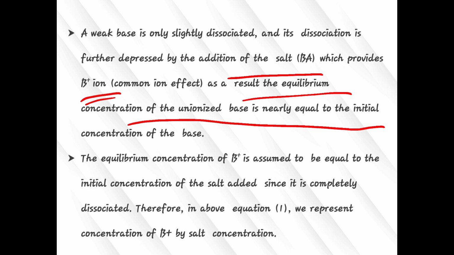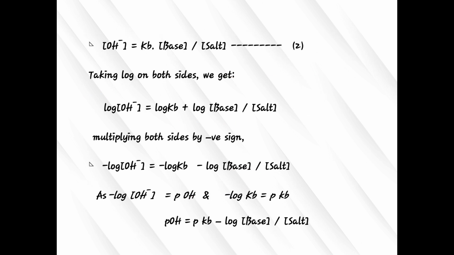The equilibrium concentration of B+ is assumed to be equal to the initial concentration of salt, since it is completely dissociated. Therefore, equation 1 represents the concentration of B+ by the salt concentration: the concentration of OH− equals Kb times the concentration of base divided by the concentration of salt.